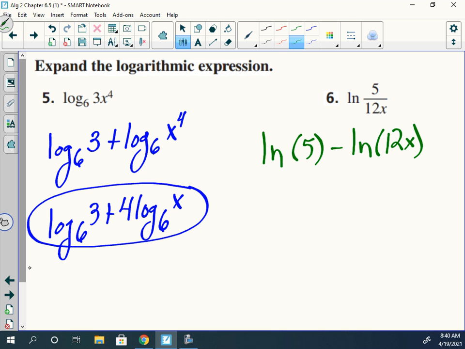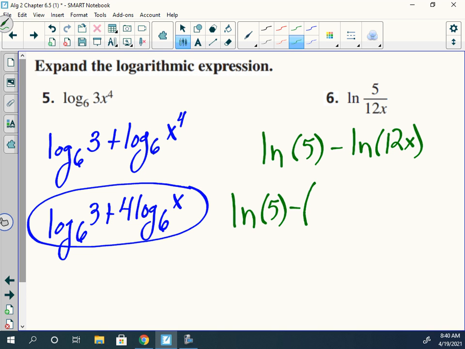Because that one doesn't change. We're still doing subtraction, and we have this here. Now we can rewrite ln of 12x as what? Ln of 12 plus ln of x, yes?